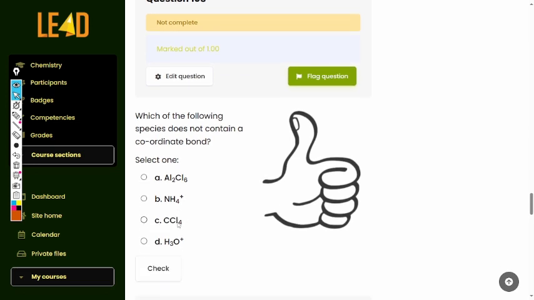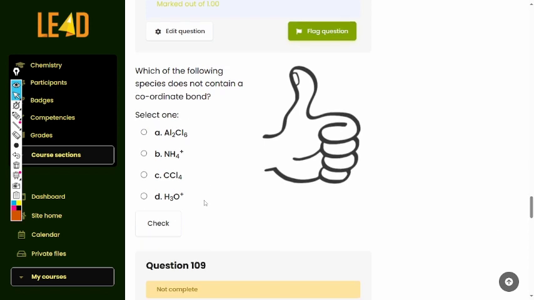108. Which of the following species does not contain a coordinate bond? Okay, so a coordinate bond, let's see. Yes, that would be tetrachloromethane, this one, because this one is formed from water and hydrogen plus. That's the hydronium ion for D, formed from water and hydrogen plus.